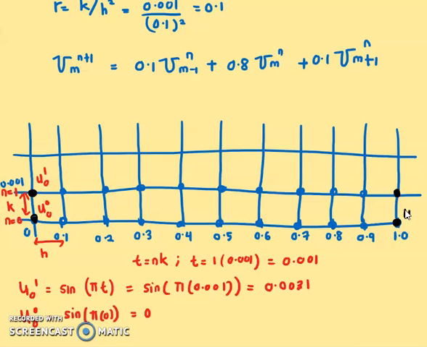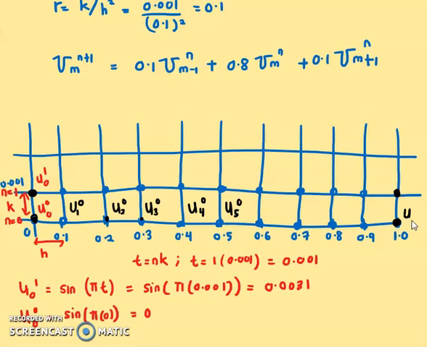So this is my u, where x is 1. If this is u 0,0, what is this? u 1,0, u 2,0, u 3,0, u 4,0, u 5,0, and so on.